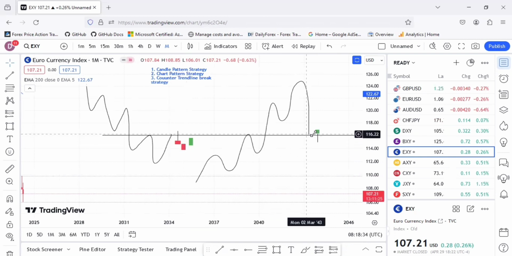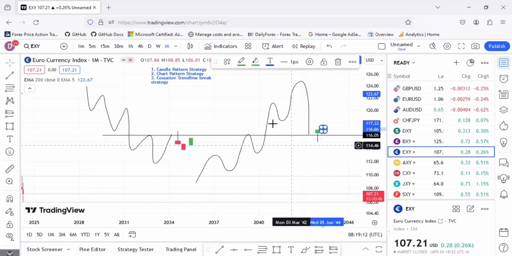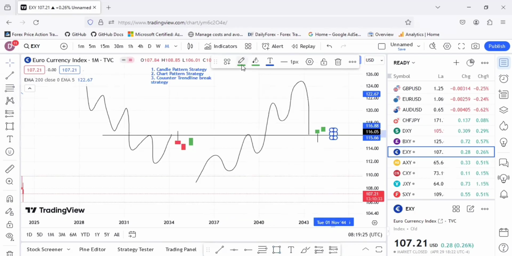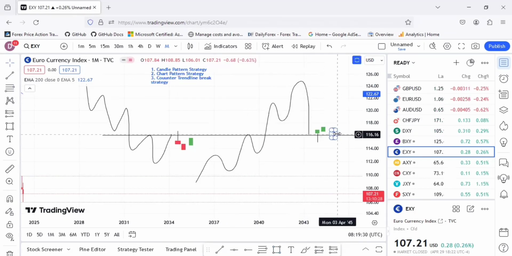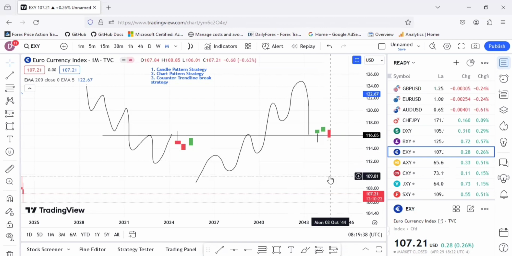Just like what happened here, you can buy immediately as soon as the new candle opens, or you wait for a retracement back to 50% of this candle before you buy. So either way, you are good to go.